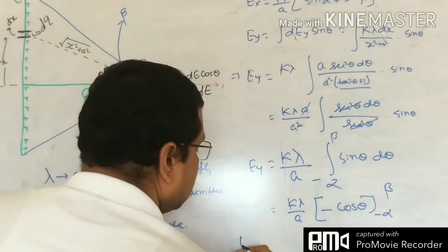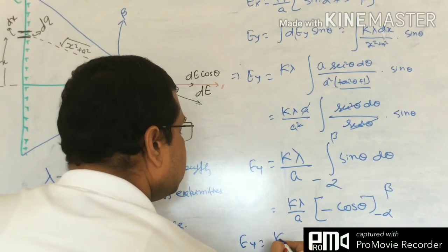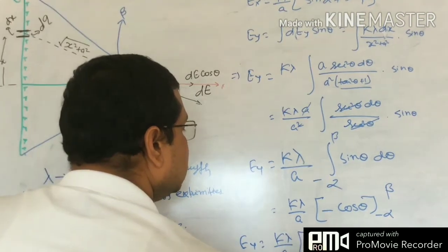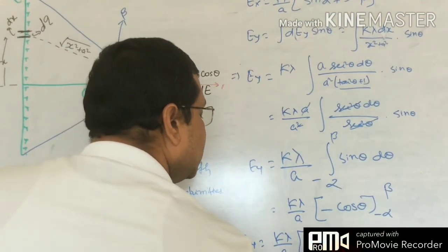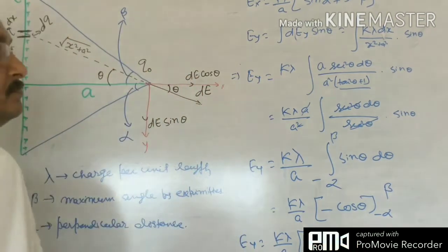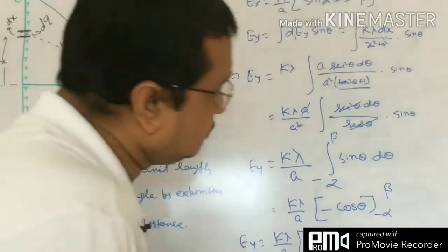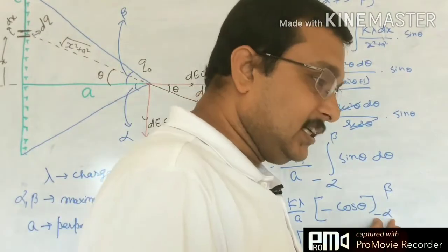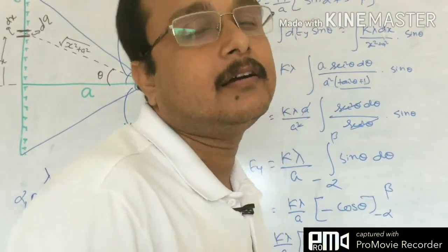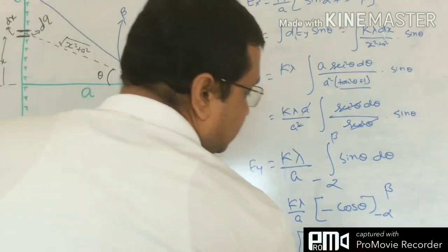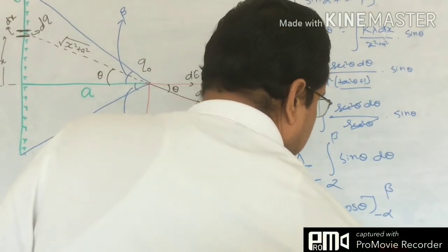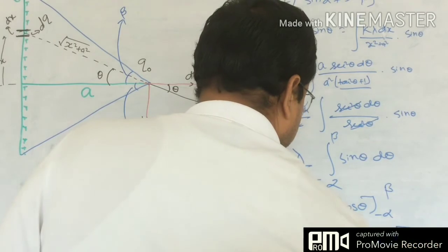Ey equals k lambda by a, just see, minus cos beta, upper limit minus lower limit. Lower limit means cos minus alpha, which is cos alpha. So minus plus cos alpha.